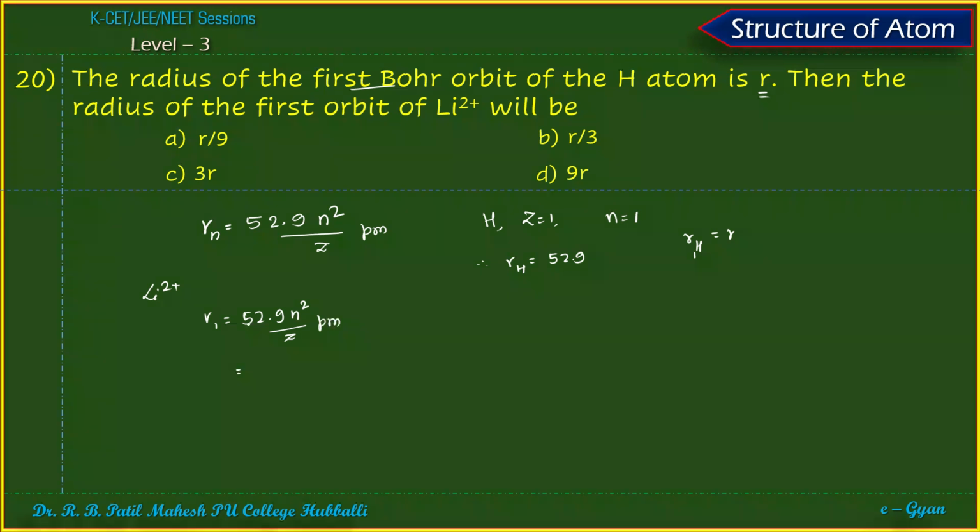For hydrogen atom, 52.9 n square by Z is R. Therefore, considering 52.9 n square as R, and for lithium Z equal to 3, the answer for the lithium first orbit radius will be R by 3 if the radius of hydrogen atom is R. So the correct option is option B, R divided by 3.